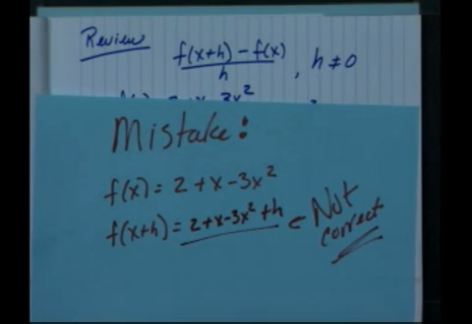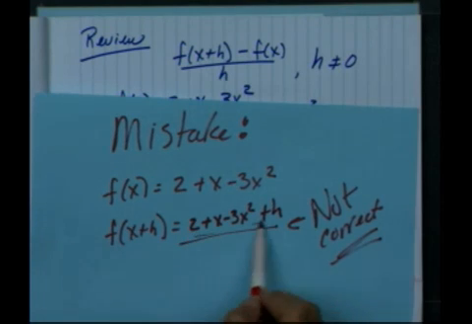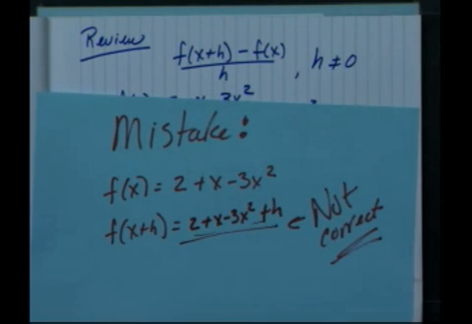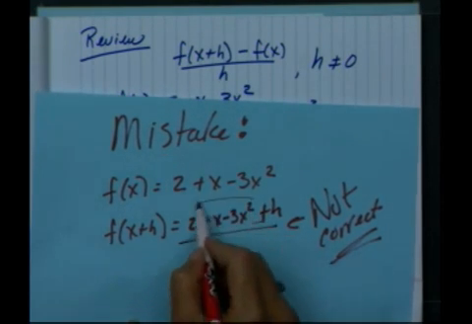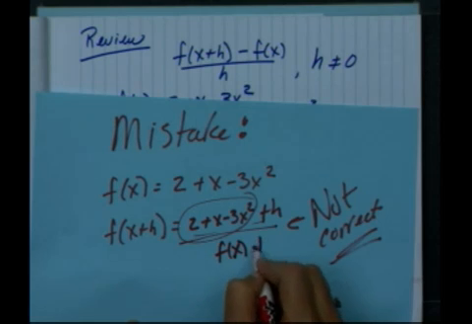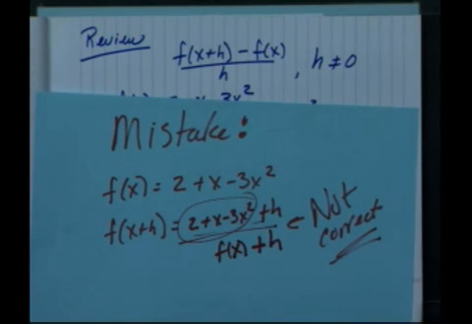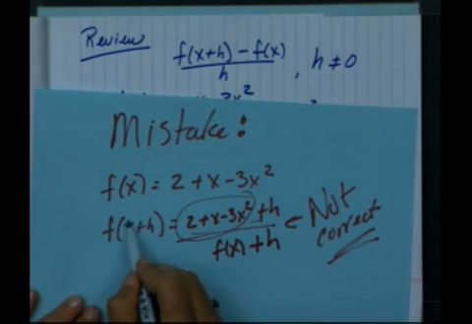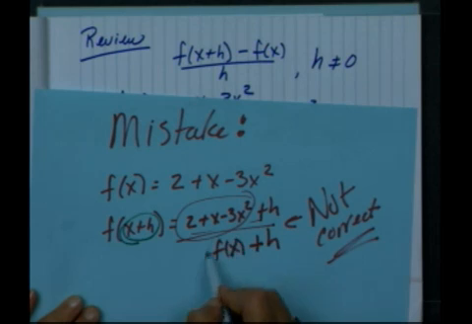Why is that not correct? What is this actually? That is your original f of x, and then you're adding h to it. So it's not the function evaluated at this, it is the function and then you added h.